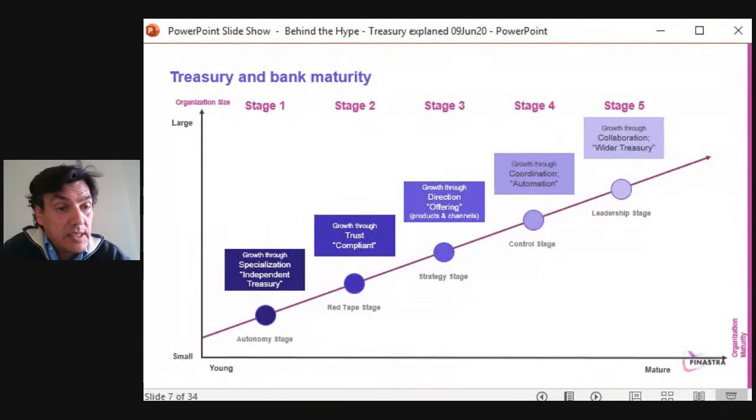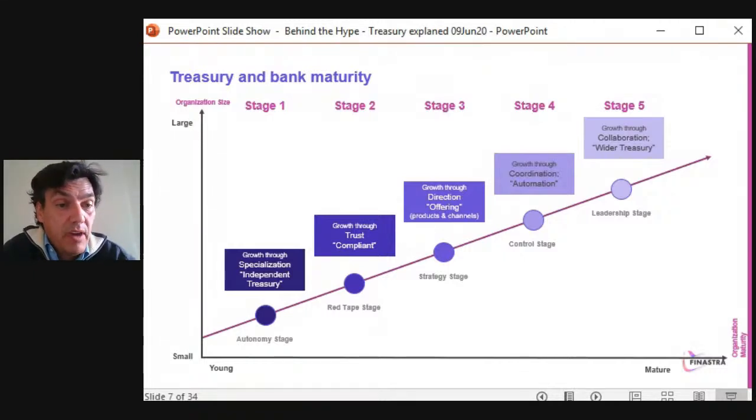And talking about scale, what is quite interesting is that the Treasury role is something that is evolving with the complexity and the size of the bank, and its perimeter as well. While the perimeter of the Treasury is more or less the same in every bank, it can only slightly differ depending on the country or the size of the bank.